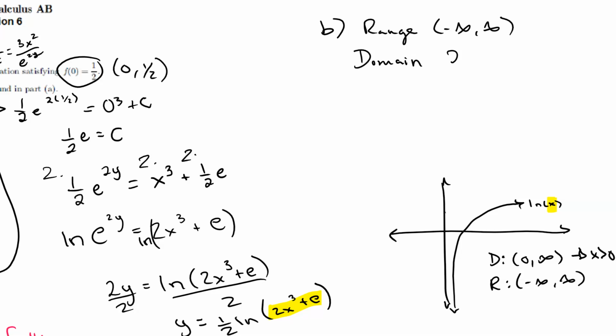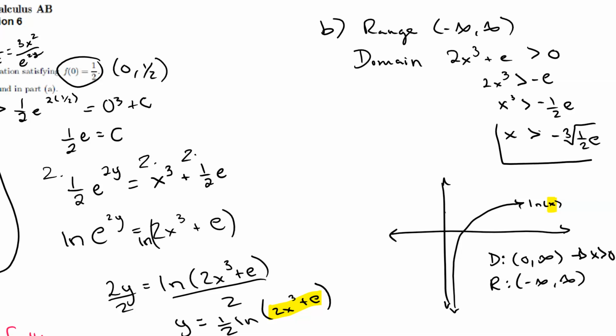So for our domain, we're going to have 2x cubed plus e greater than 0. 2x cubed greater than negative e. Divide both sides by 2, you've got x cubed greater than negative 1/2 e. And then x greater than negative cube root of 1/2 e. And that's our domain. All right, that's it, folks.